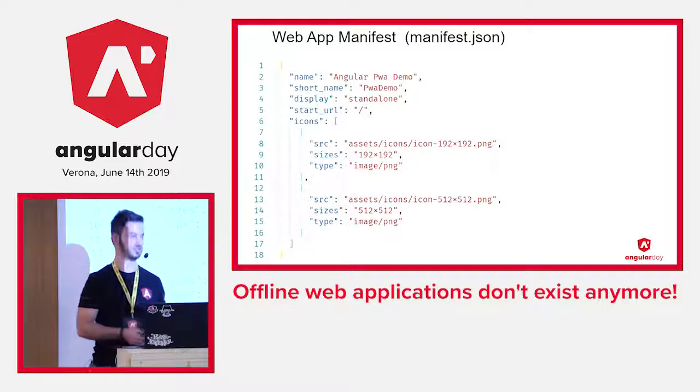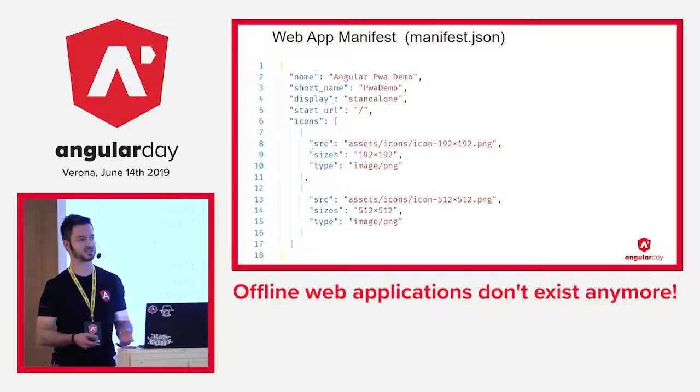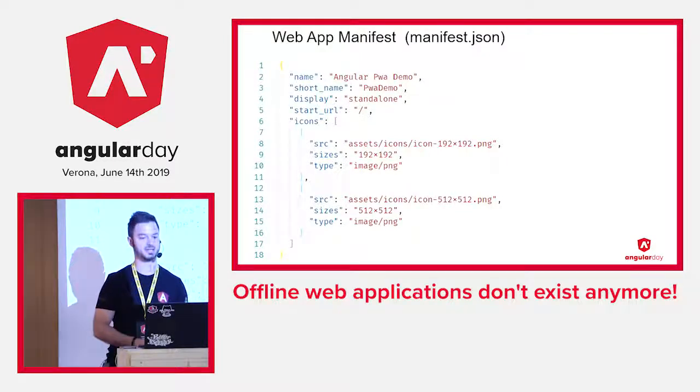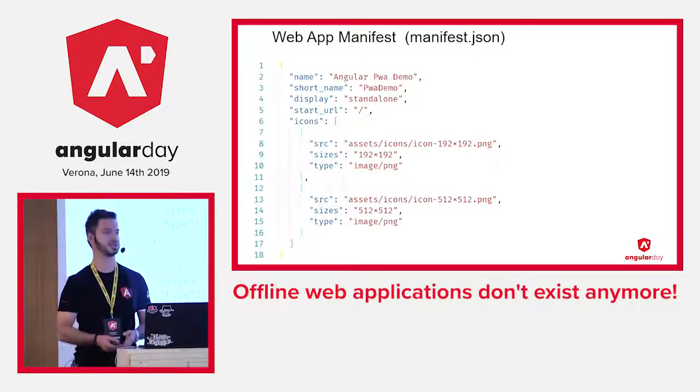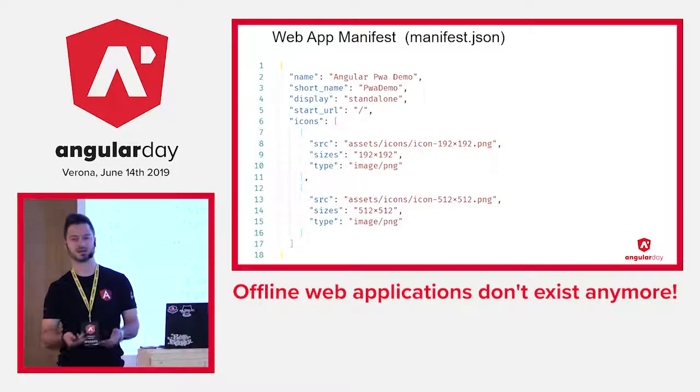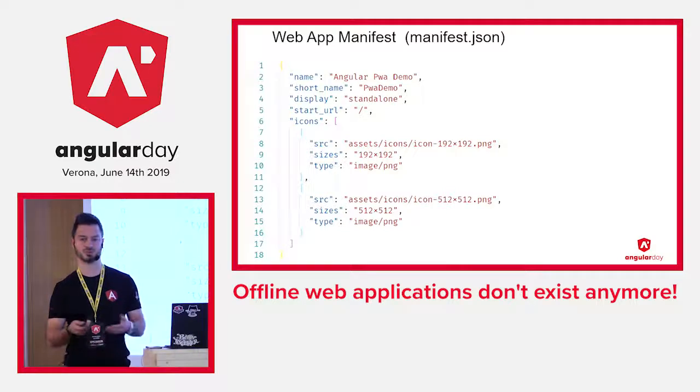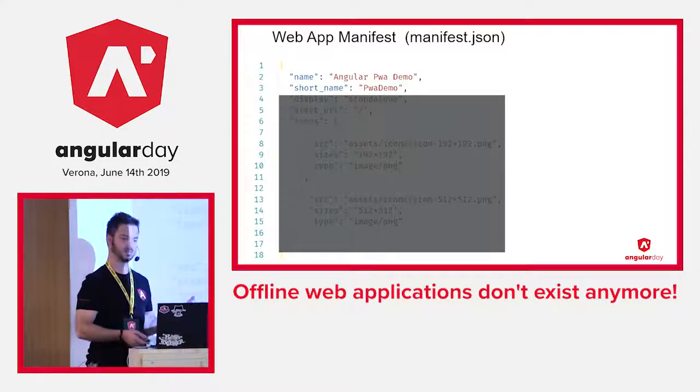Let's see how we can install a progressive web app on a user device. This can be done by properly setting up a web app manifest, which is nothing else than a JSON file. There is a set of mandatory properties we have to initialize. Let's start seeing them.